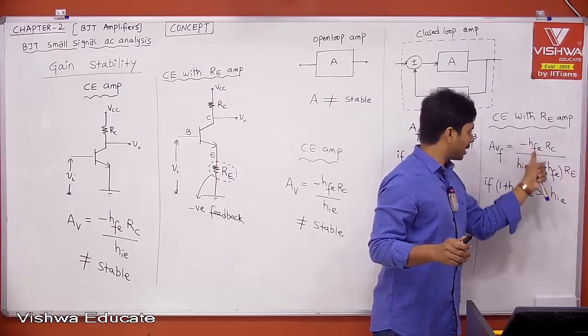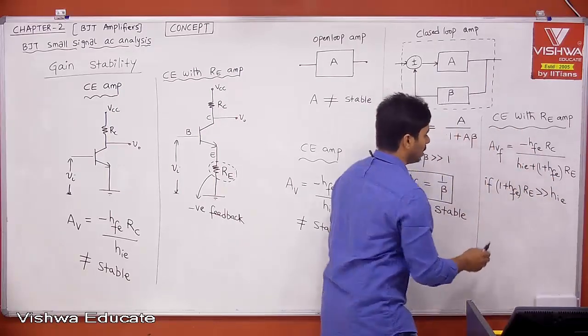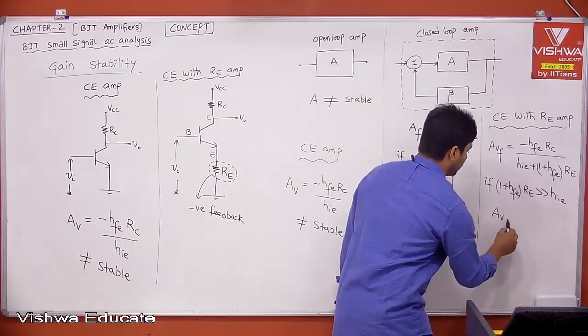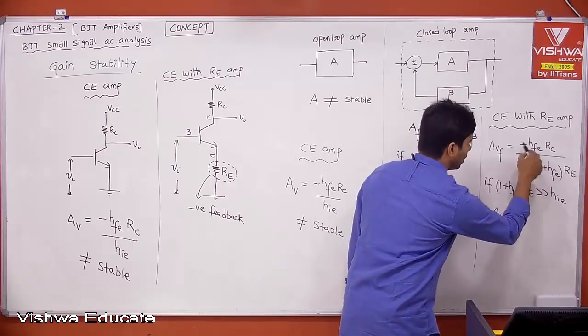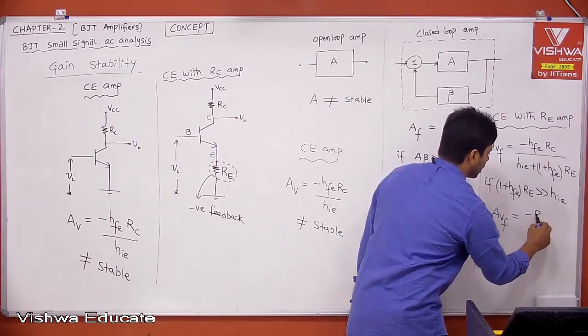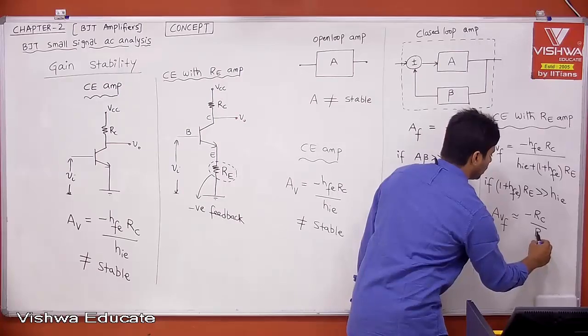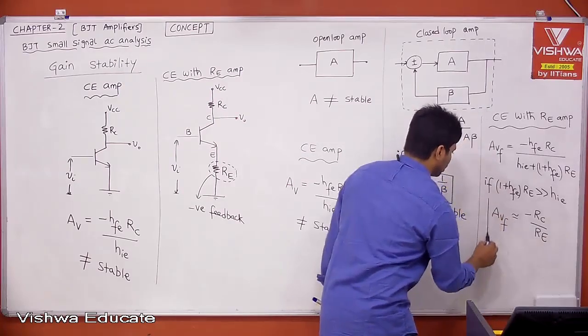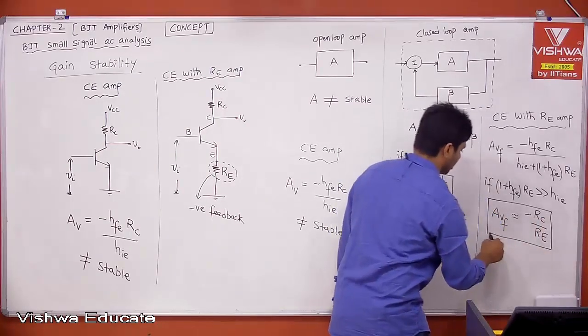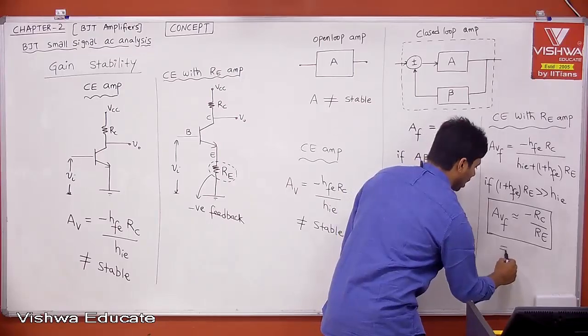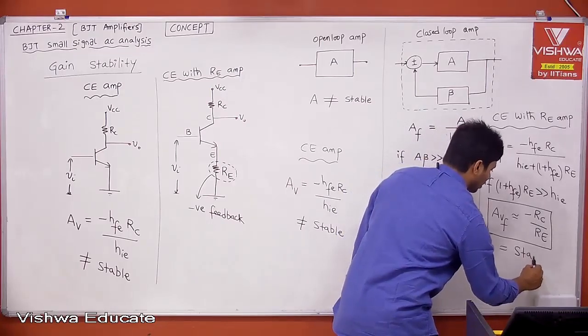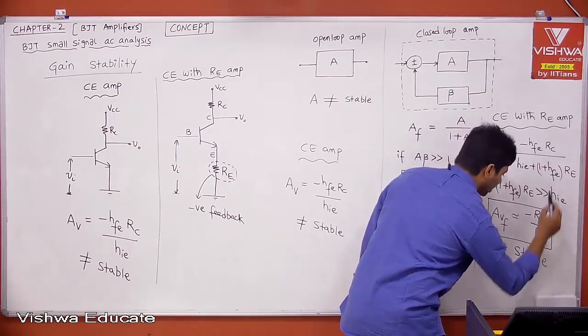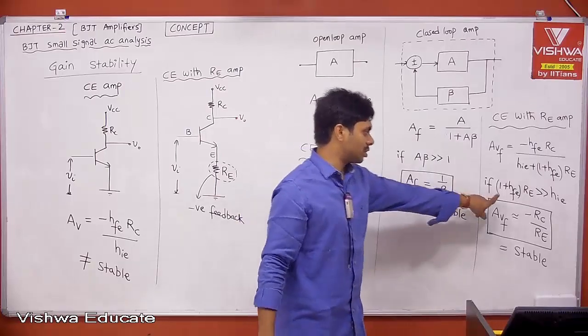HFE, 1 plus HFE will be cancelled. Then what you get? Then your AVF is approximately simply minus RC divided by RE, which is a ratio of resistors, always stable. Therefore, now this is stable. Your gain is stable, provided this condition is true.